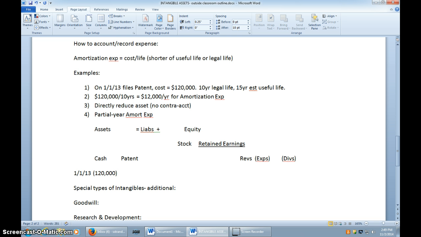Let me push the patent over here a little bit. And we are going to recognize an increase in this asset, patent. Okay, simple enough. We've got an asset here that we've purchased on January 1, 2013.